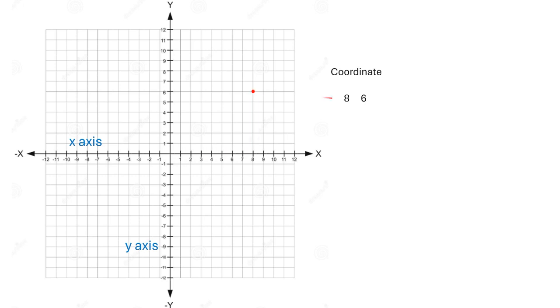The values are always referred to in this order, the x value or coordinate first, followed by the y. They're separated by a comma and usually found in brackets, and together they are referred to as an ordered pair.